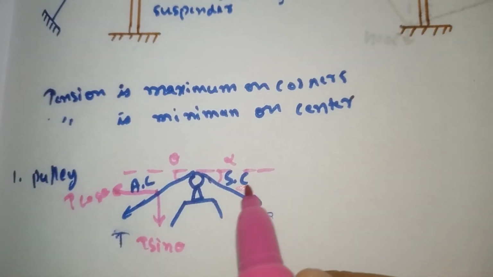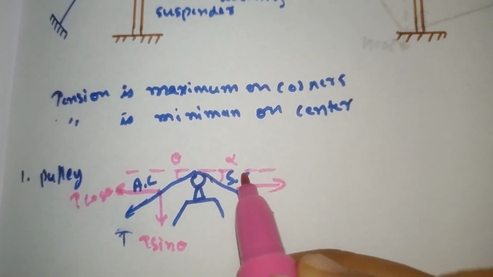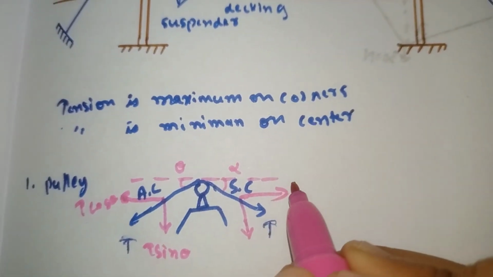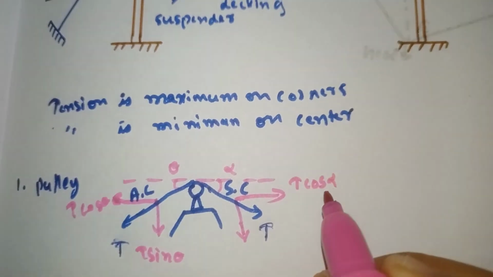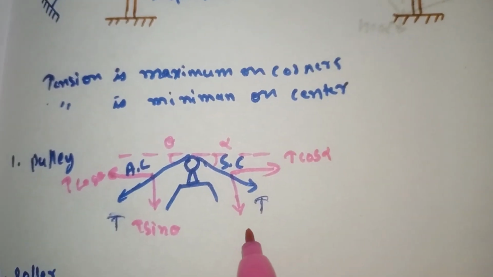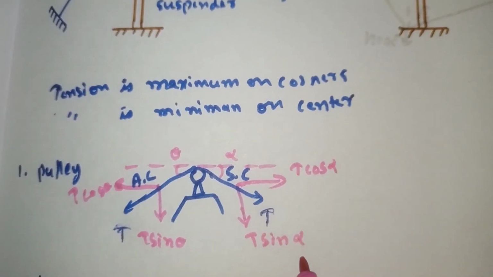The same goes here: the one with the angle is the cos term, that is nothing but T cos alpha, because this angle is alpha, and here T sin alpha.